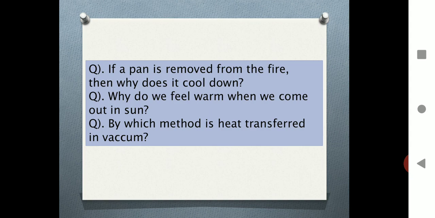Then the second question demands, why do we feel warm when we come out in the sun? We all might have experienced that when we move out in the sun, we start feeling warmer, especially during the summer days.